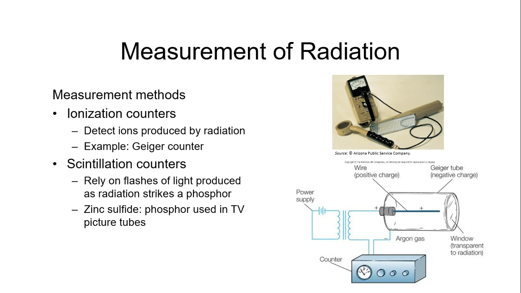As radioactive decay occurs, some of the particles, like alpha particles, will hit the screen and will glow. So the scintillation counter just counts the number of glows and will be able to tell you how much radiation is in the area based on scintillation.